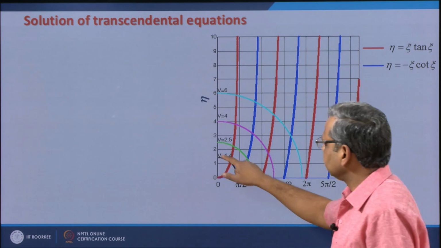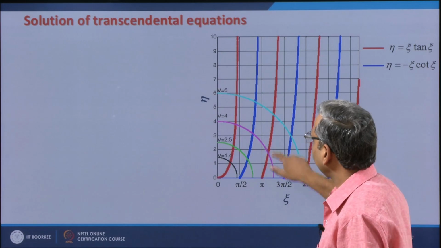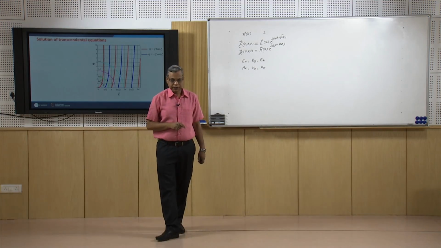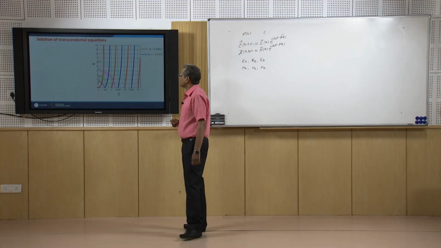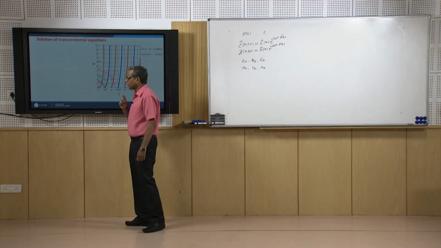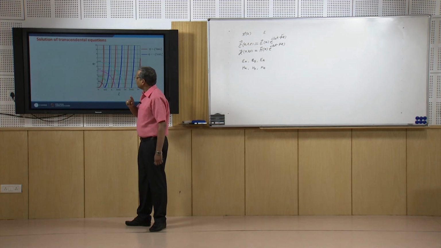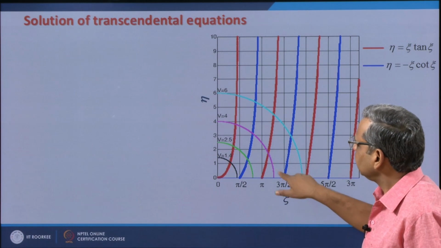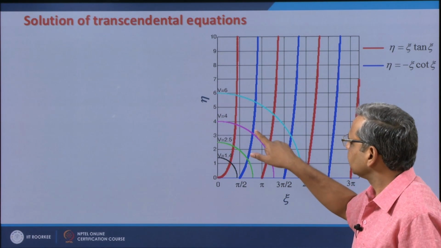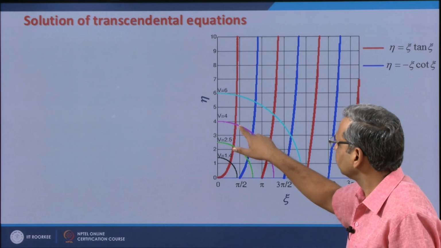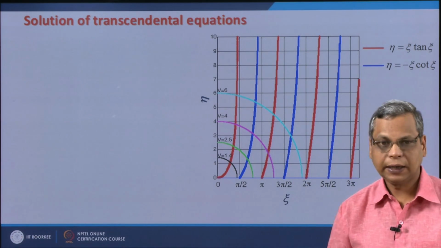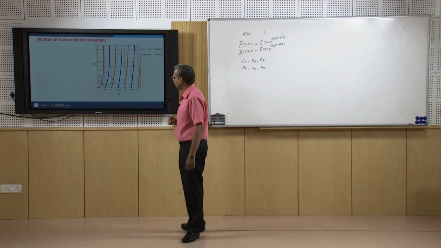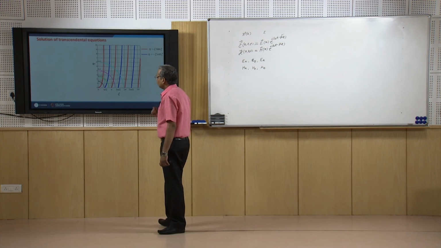These circles for different values of v are basically xi square plus eta square is equal to v square. So for a given value of v, I take these circles and see the points of intersection of these circles with the blue and red curves, and they will give me the allowed values of xi. Let us examine these.